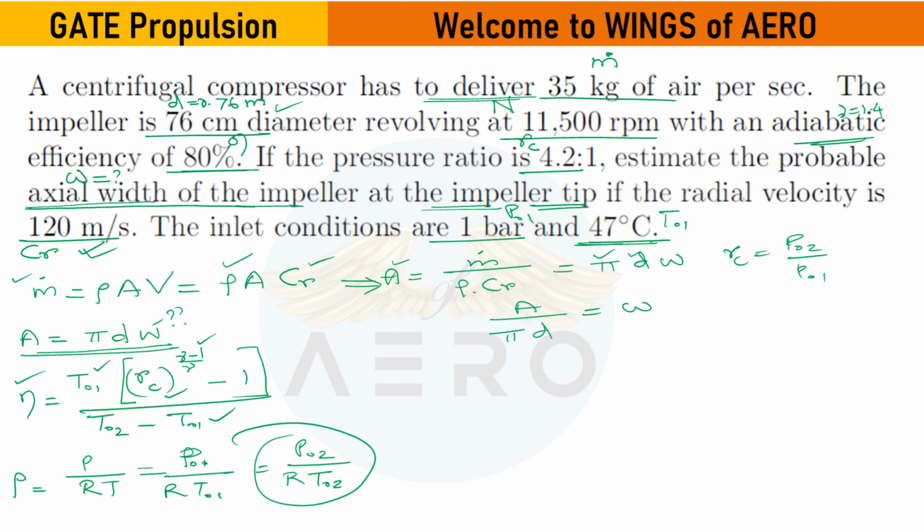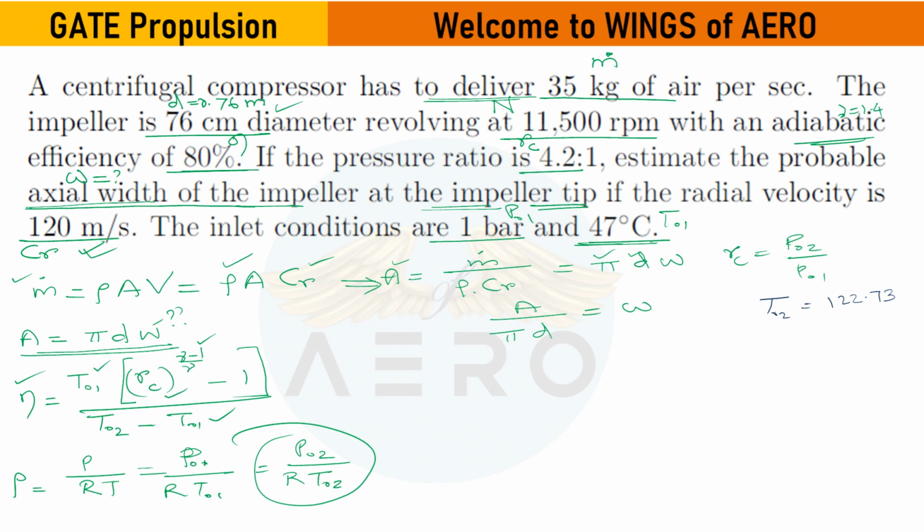And getting T02 is 122.73 Kelvin. Just a second, which value? T02 is equal to 122.73 Kelvin. T02 equals to, can you repeat once again? 122.73 Kelvin, ma'am.